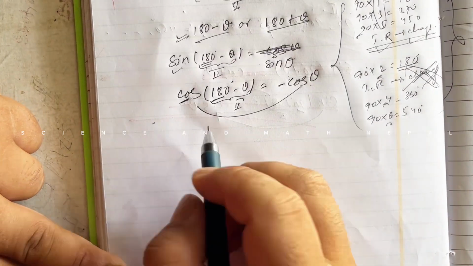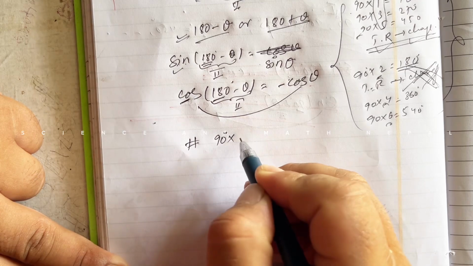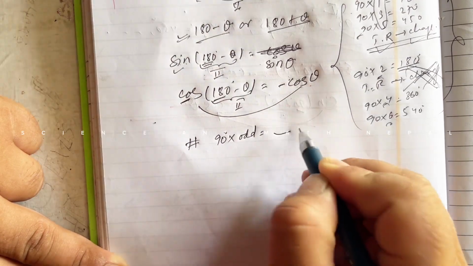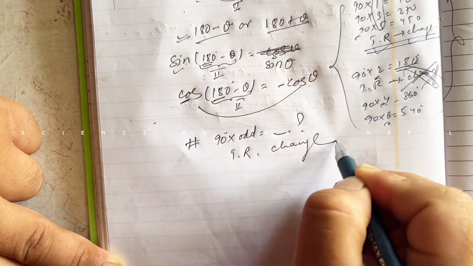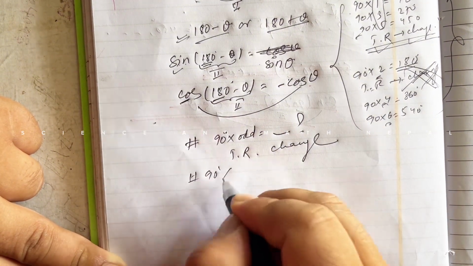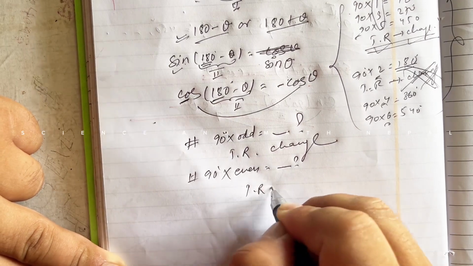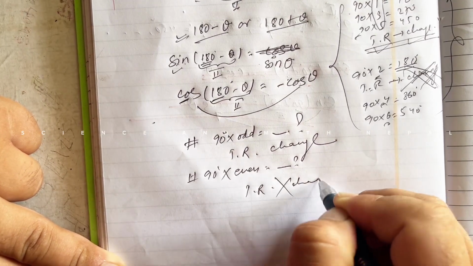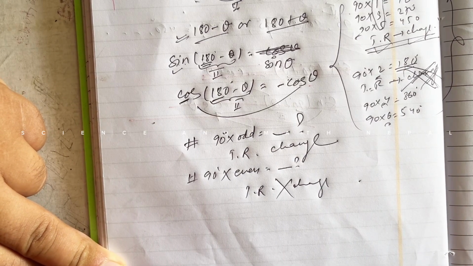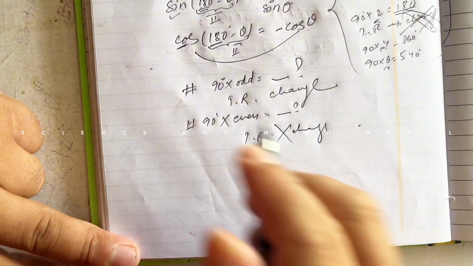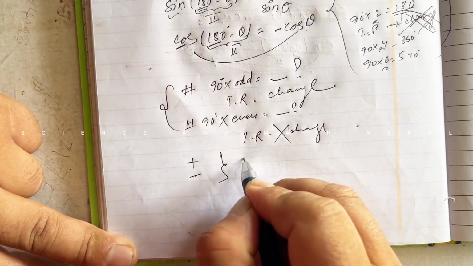So what is the main thing to remember? The main thing to remember is, if there is the odd multiple of 90 degree, trigonometric ratios change, and if there is the even multiple of 90 degree, then trigonometric ratios do not change. Okay. And for the sign, for the value positive and negative, we should see the quadrant.